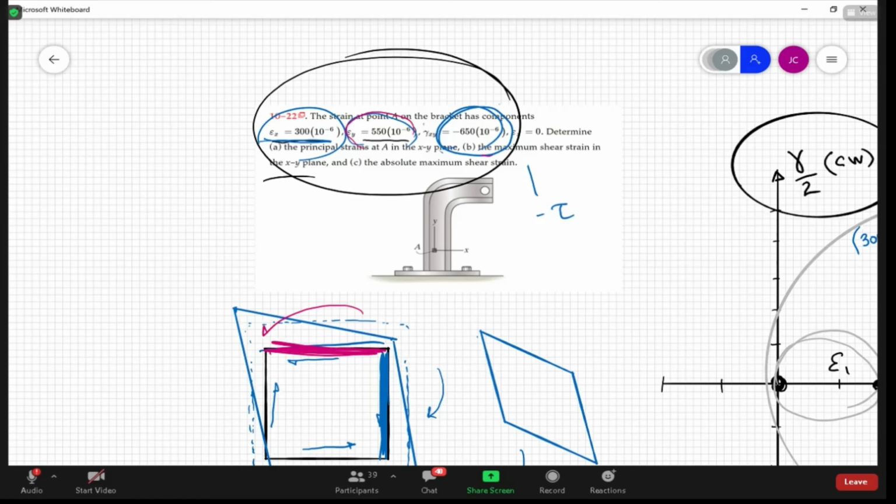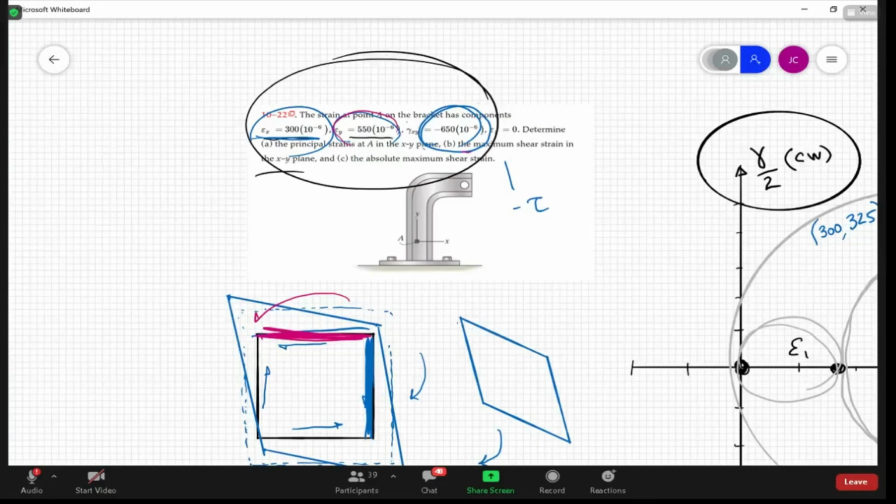In that case, you could also use Mohr's circle. But I think for those types of problems where they want you to find it in a particular orientation, not the principal or the max shear, the easiest thing to do is just plug it into those equations. That one's pretty straightforward. I will not do that.